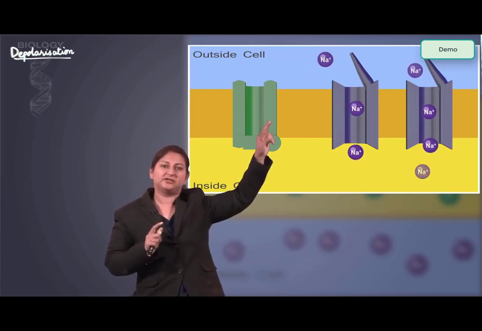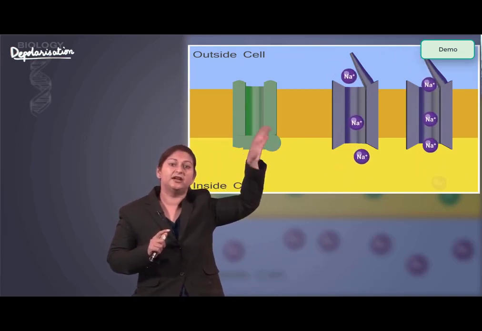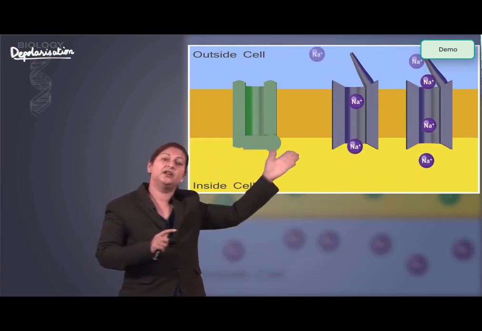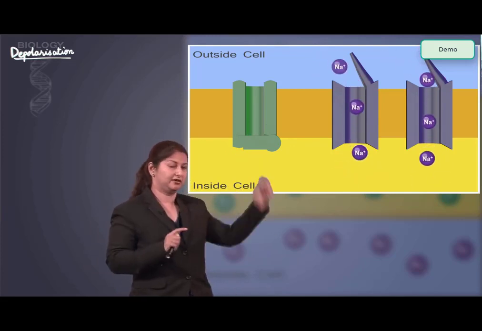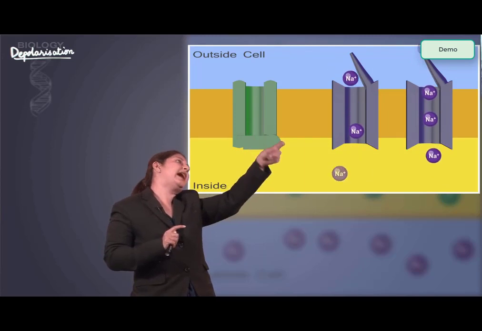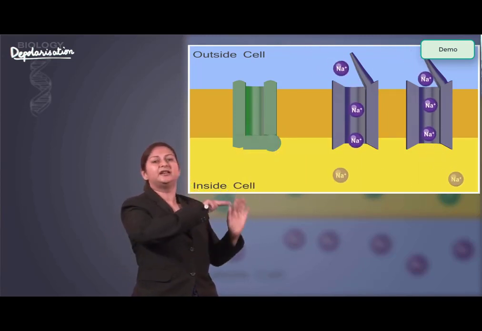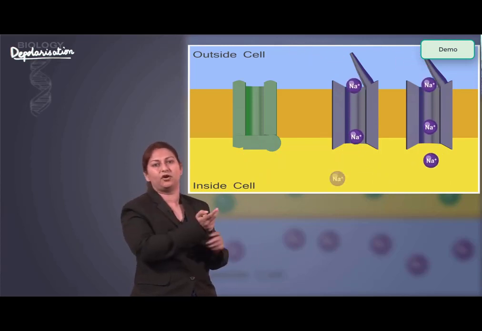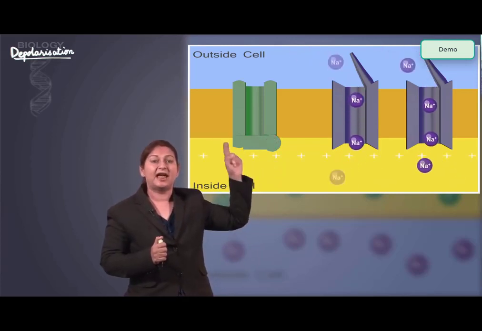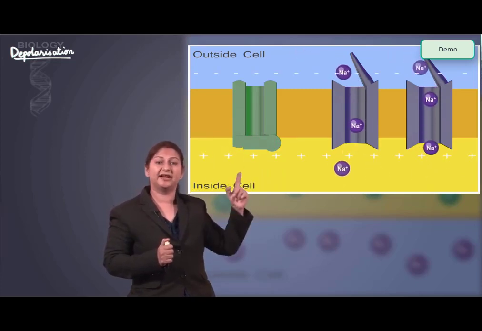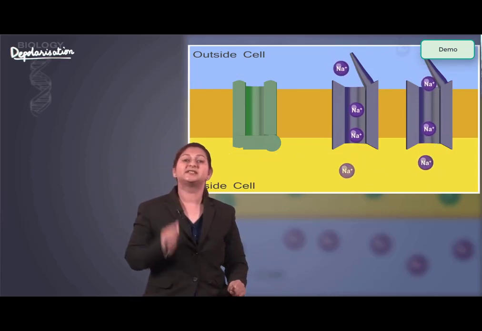So the change in the electrical difference is going to initiate the opening of the further sodium gates, which are the voltage gated ion gates. As the sodium keeps on entering, there is a shift of the charges. Inside it will become positive and outside it becomes negative, and that is the depolarized state.